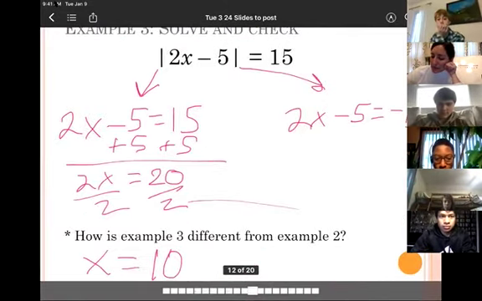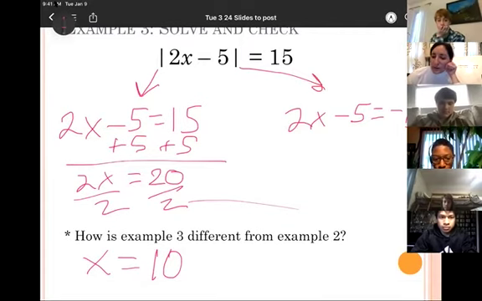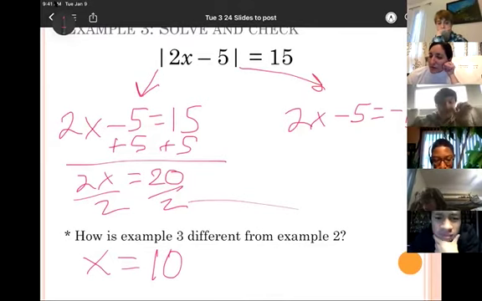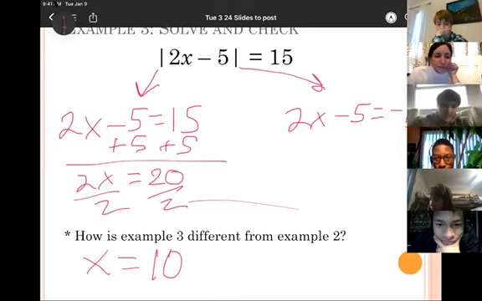But let's see what happens on this other guy if we get something different. Poe, what would you do to get this second equation started? 2x minus 5 equals negative 15. What would you do first?